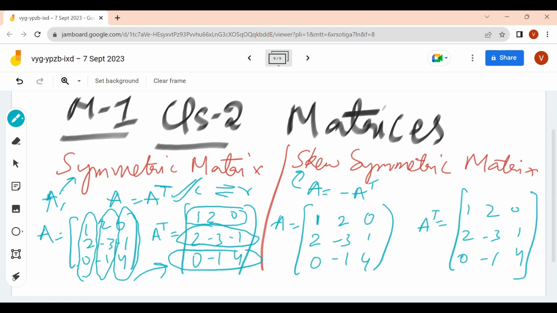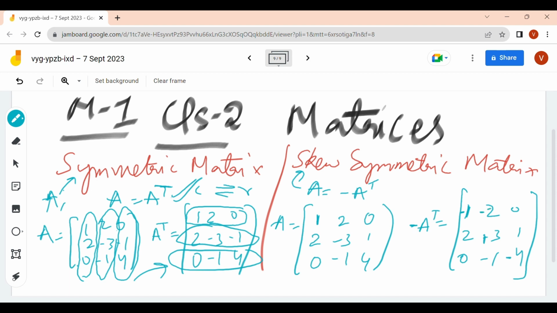But I want to get minus A transpose, right? To get my minus A transpose, everything should become minus, right?